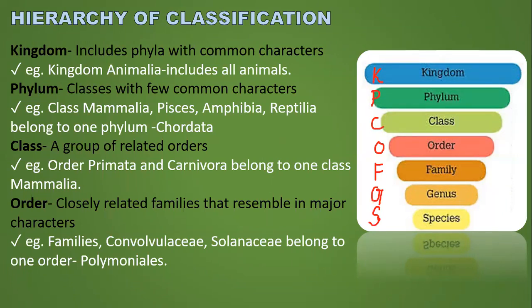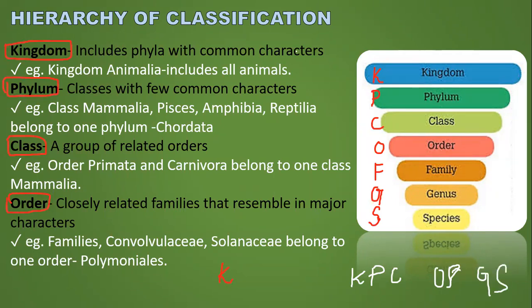So we all know that a taxonomical hierarchy starts with the kingdom. From kingdom, it will move on to the phylum. From phylum, you will have the class, and from classes, you will have the order. That is, we are telling from the higher category to the lower category. I have told you from the lower category to the higher category as well, like KPC of GS.